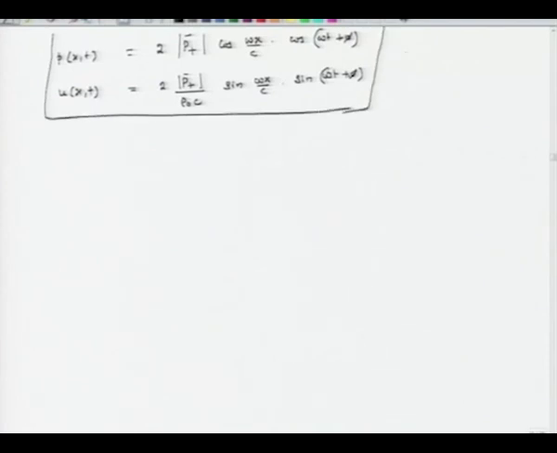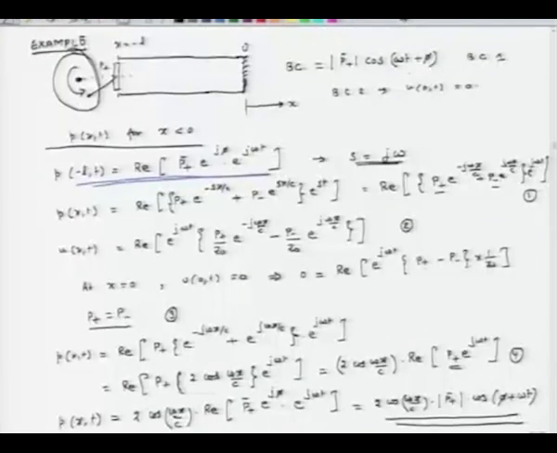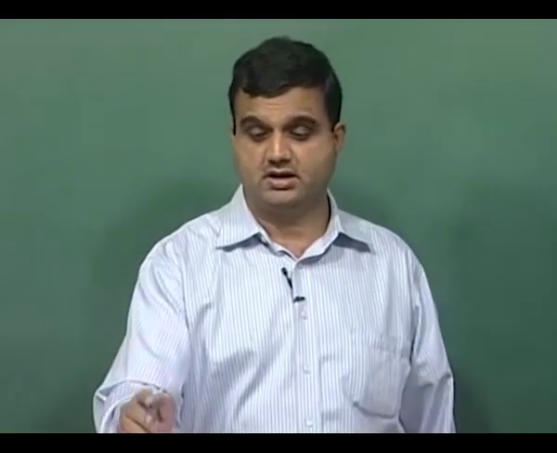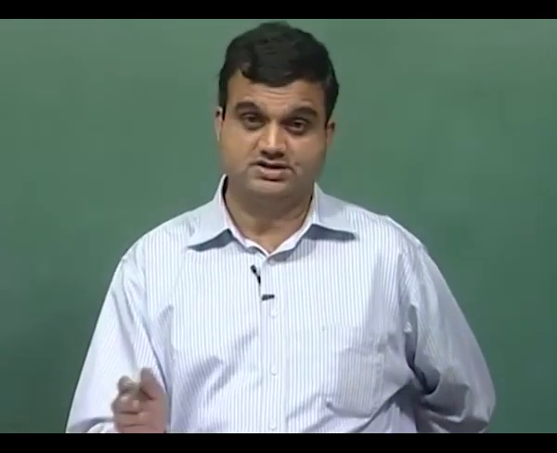It turns out that this is also the relation for standing waves. What is happening here is that you have pressure being generated at one end, sound travelling, hitting the wall at x equals 0, and getting reflected.